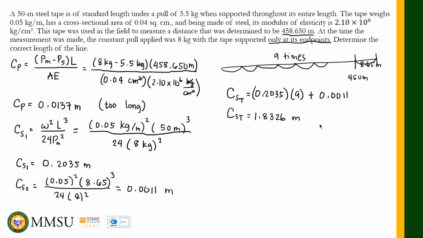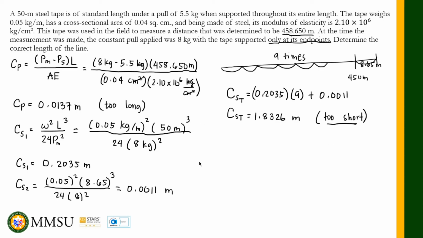Remember, the correction due to sag is always negative, so this is too short. We put a negative sign on it, but even without the negative sign, as long as we know it is too short.